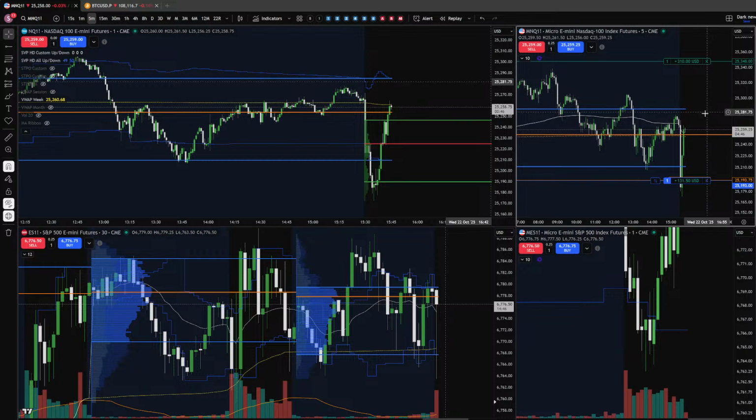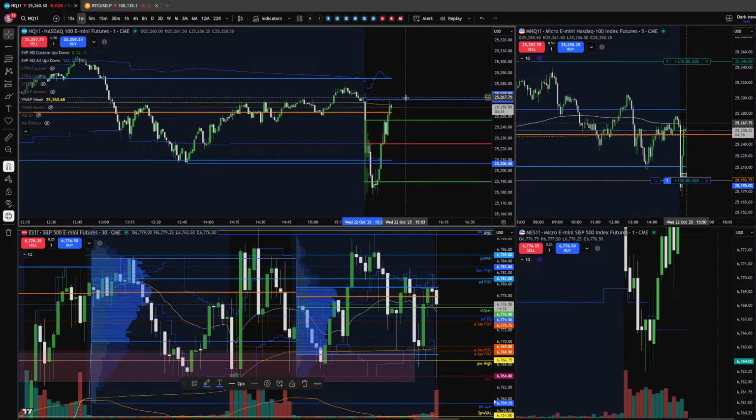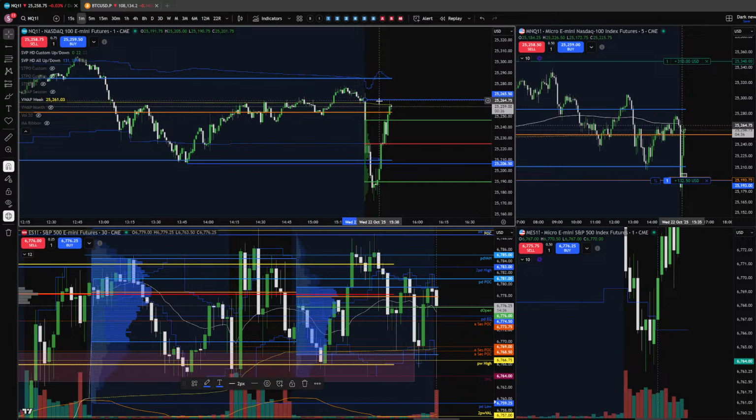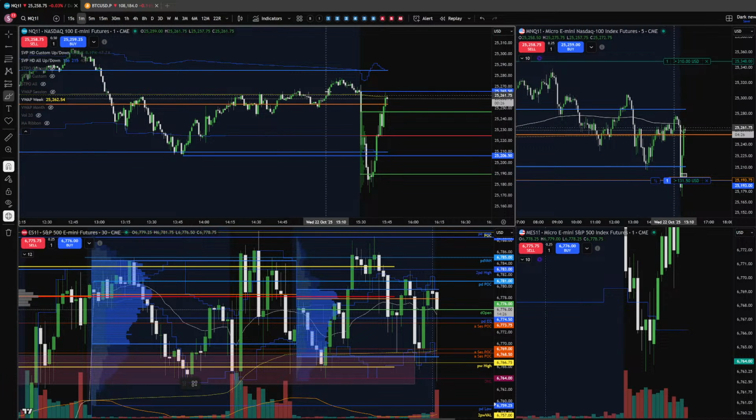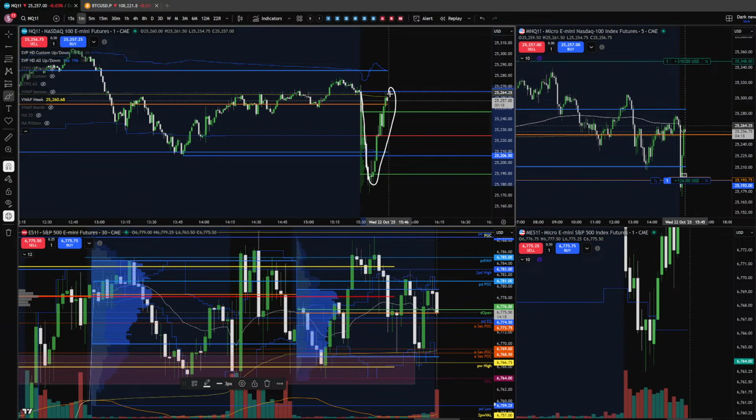Eyes on the target. This V-shaped recovery is actually pretty good, but there's still a possibility of doing a thing that is called an open, test, and drive. Okay, this would be like this. This of the opening types is one open with a push, a retest of the open, and a drive, all right, which would in this case bring price lower.